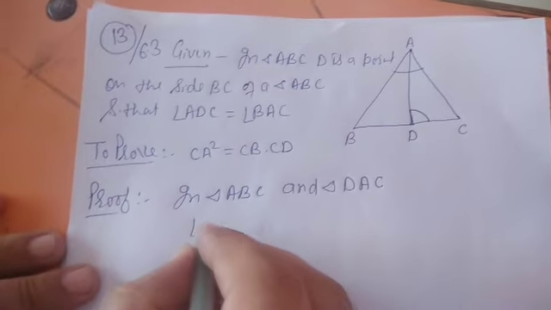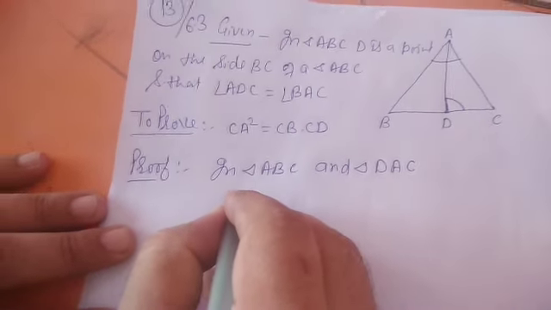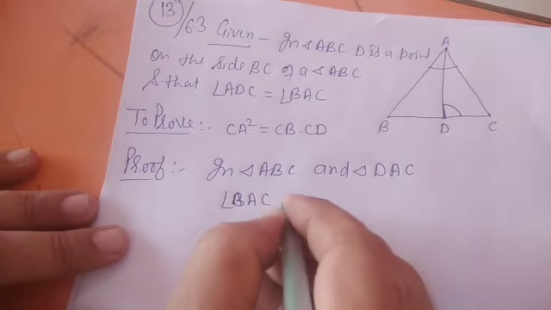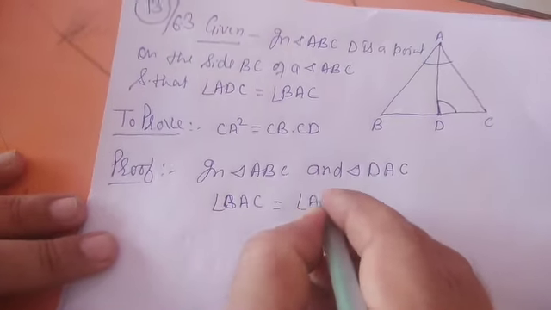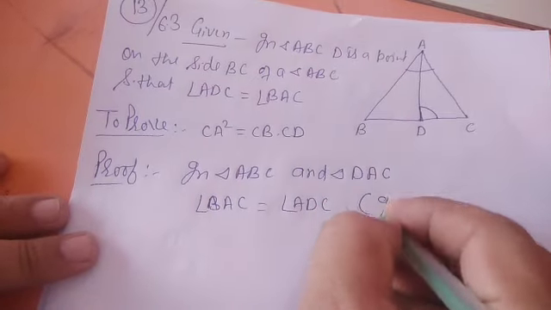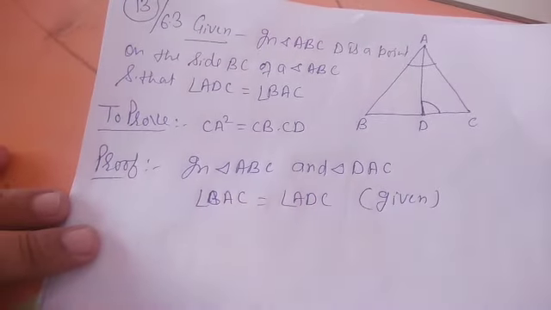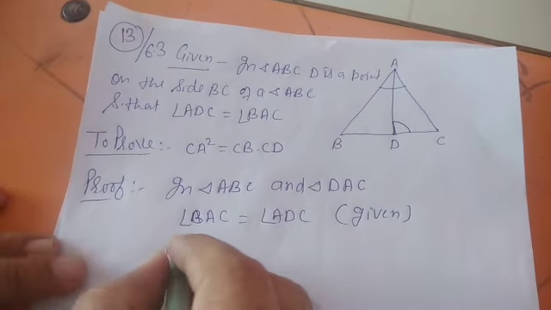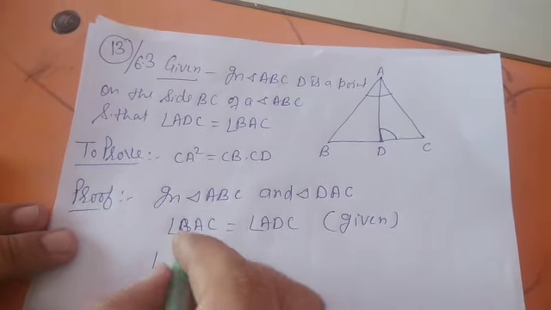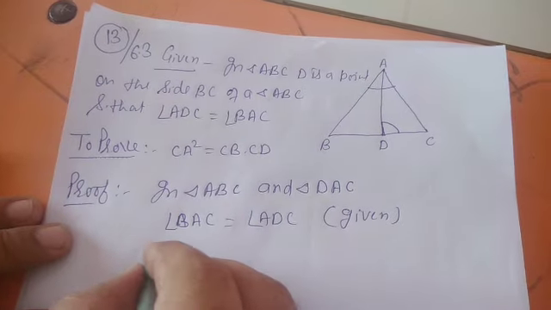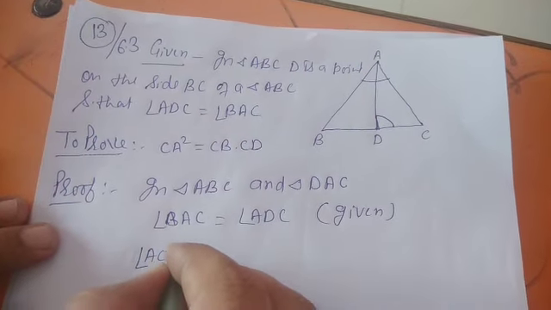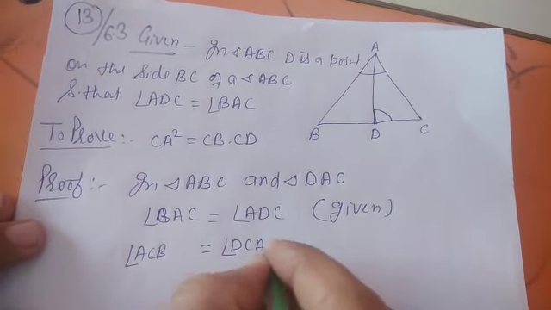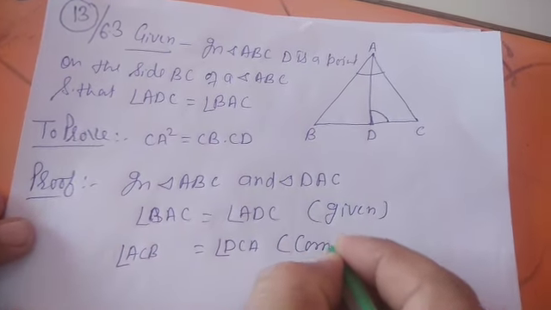Angle, which angle? BAC equal to angle ADC. Given or not given? Given. Angle, which angle? ACB equal to angle DCA, common.